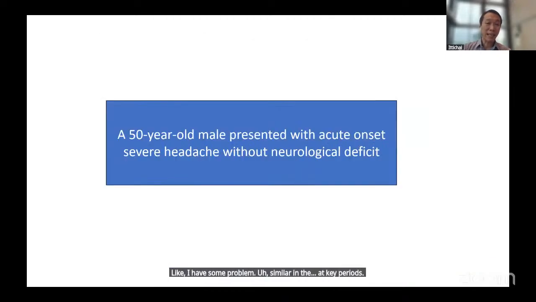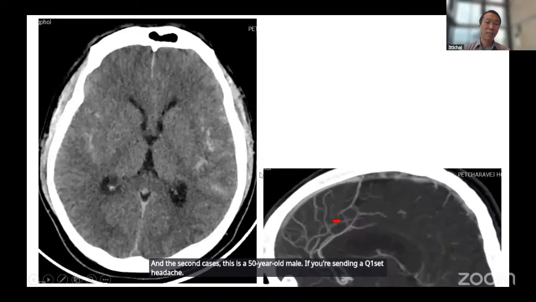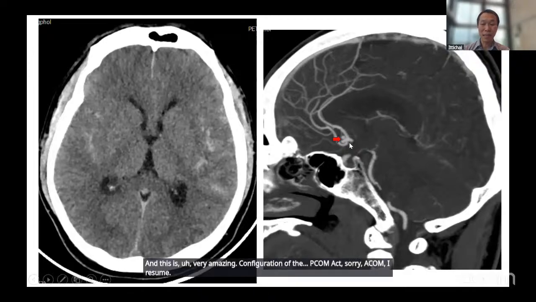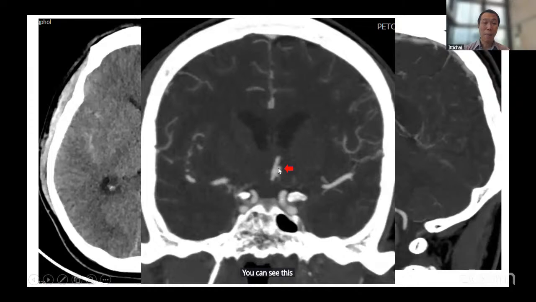And the second case is a 50-year-old male. He presented with acute onset headache. At that time, the CT scan showed diffuse subarachnoid hemorrhage. And this is a very amazing configuration of an ACOM aneurysm. You can see it has a bilobed aneurysm sharing the neck together.